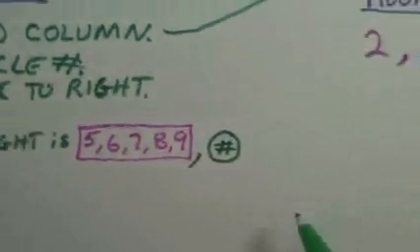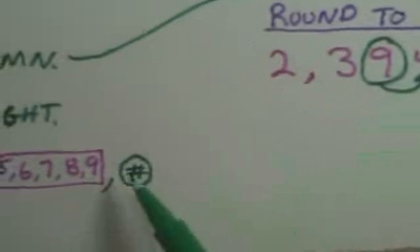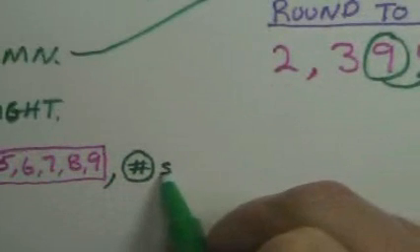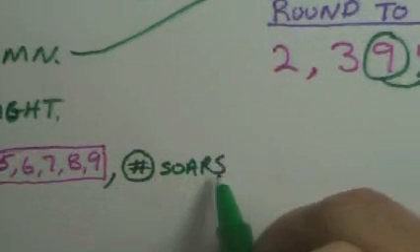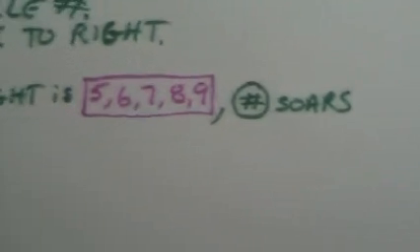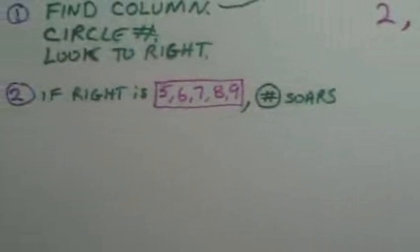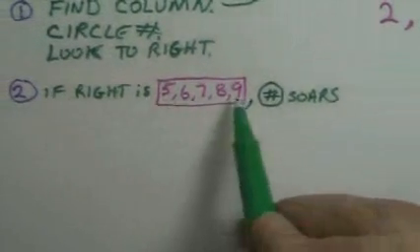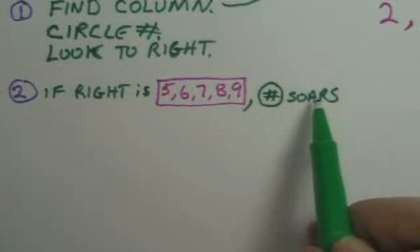The circle number, that's 9 here, soars. If right is 5 or more, the circle number soars.